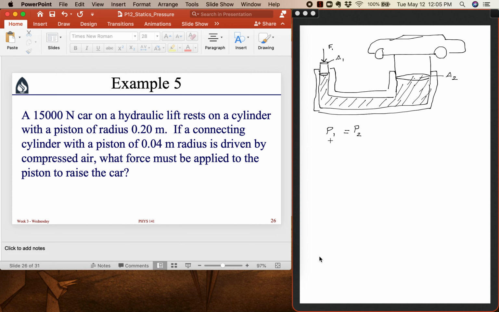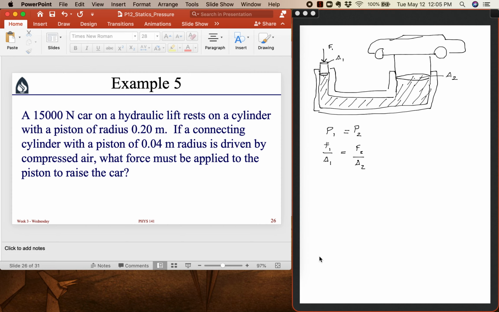So they have the same pressure. We know that pressure is equal to force divided by area. So the force being exerted downward here, divided by the area, that's creating the pressure on this side, and that's going to be equal to the force of the fluid on this cylinder. So that's F2 over A2.